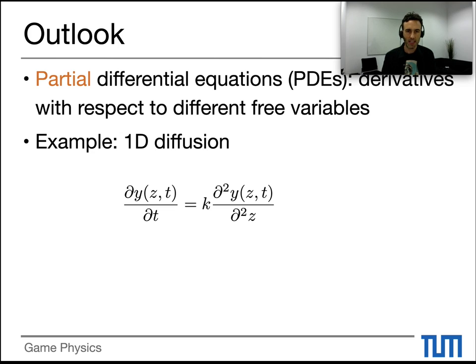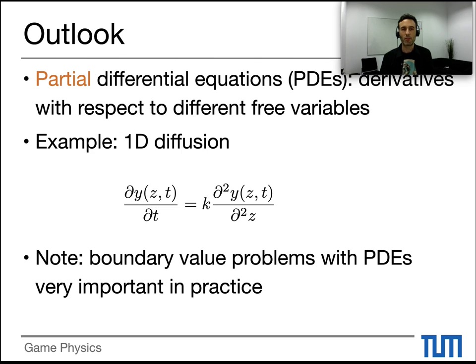Typically it's written in this way. Here we have a function y that depends on a z and a t. T might be time and z some kind of other parameter. And here we have one derivative with respect to time, and here, for example, a second one with respect to this z parameter. And this would not be ordinary anymore because we actually have time and z here. Yeah, and in practice, boundary value problems for these PDEs are very important.